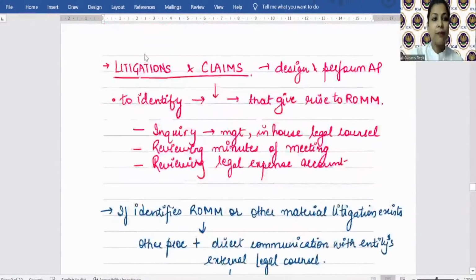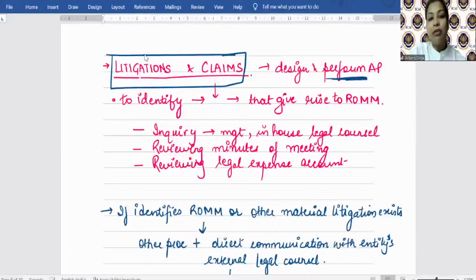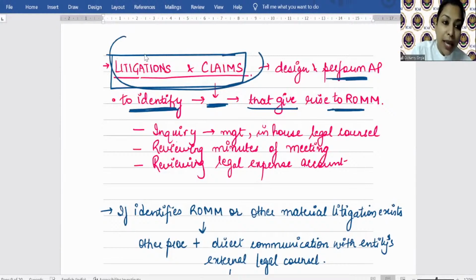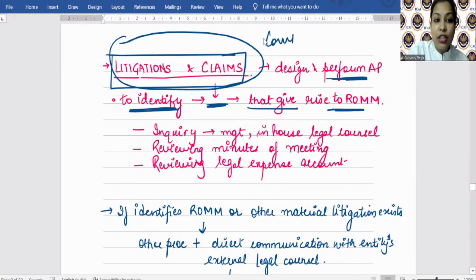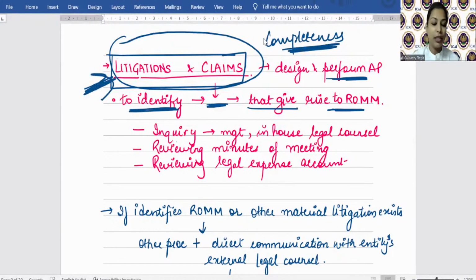Just the next 5-10 minutes. Now the second point is litigation and claims, and what the auditor will design and perform audit procedures to identify litigation and claims that give rise to a risk of material misstatement. It basically says that with respect to litigation and claims, to see whether there is completeness, the completeness assertion with respect to the selected item, litigation and claims, what do you do? Look, first of all, practically what will you do?